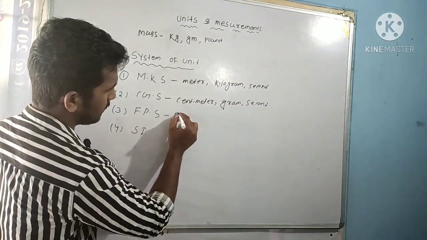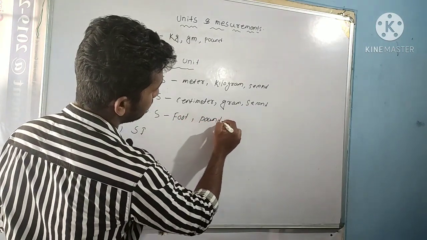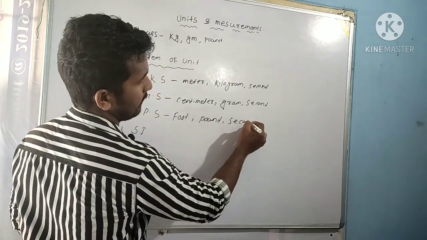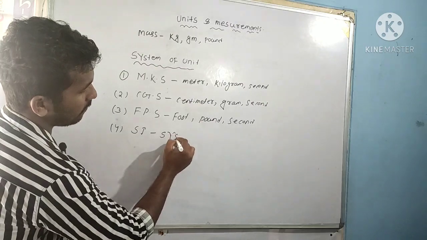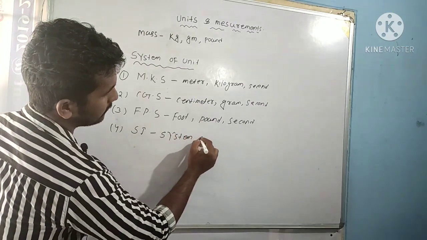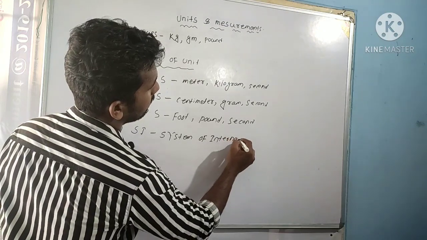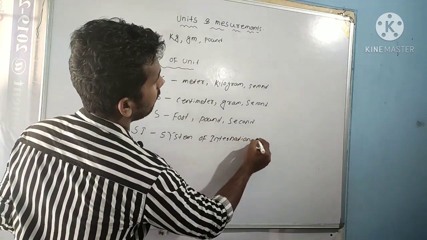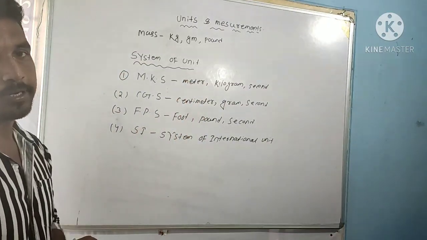FPS is foot, pound, second. SI is the system of international units.